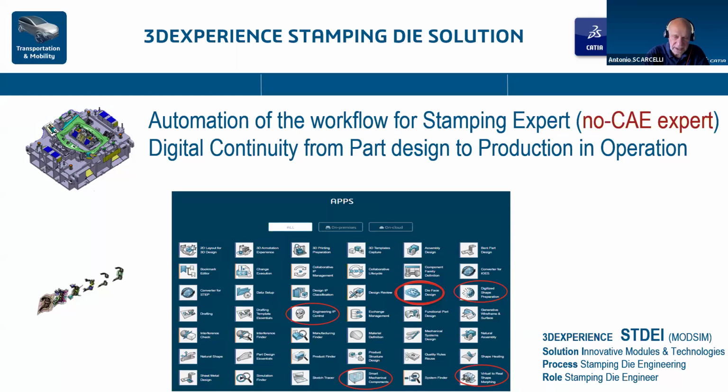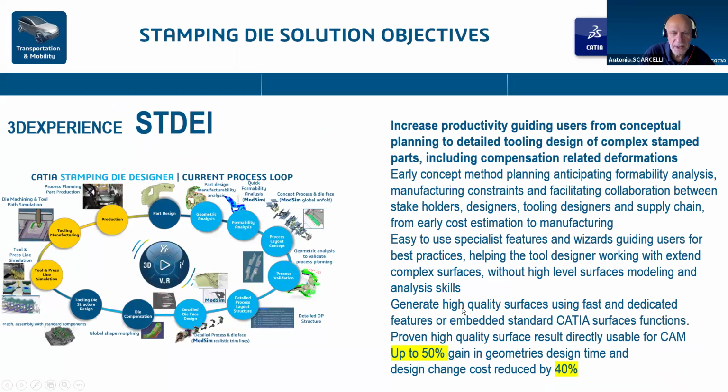We will have smart mechanical components that will help us to design the different toolings, because for each operation we need a tooling. So in order to instantiate components, we will also have digital shape preparation, and virtual to real shape morphing in order to take into account the spring back when it is needed on the different operations.